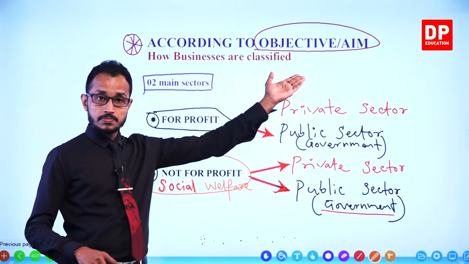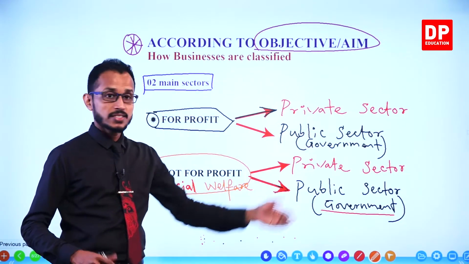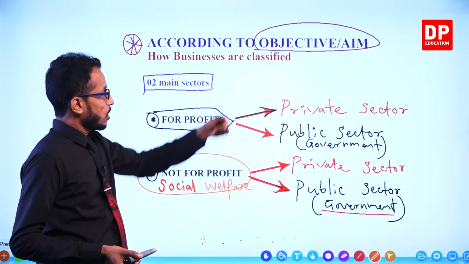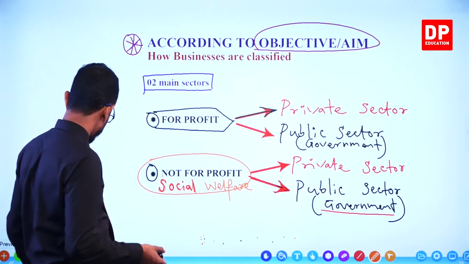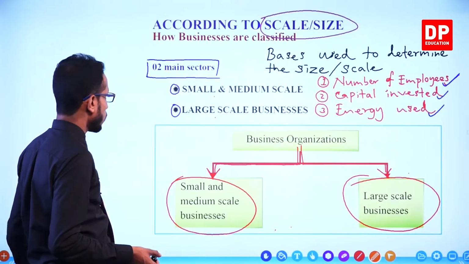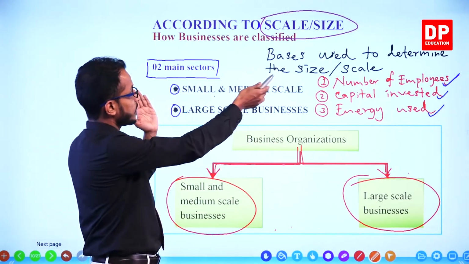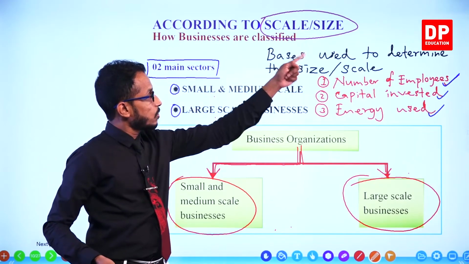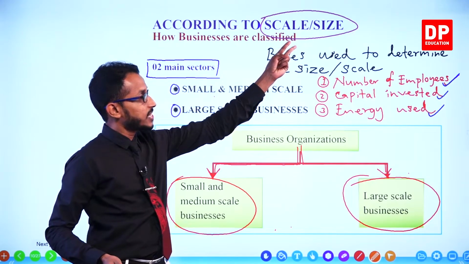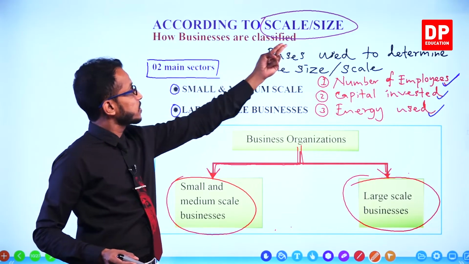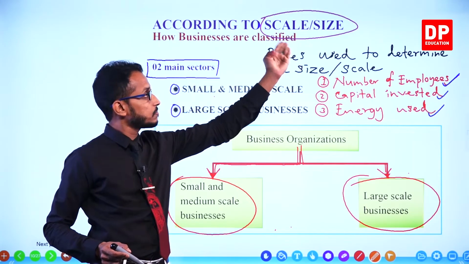This slide was discussed in the previous session: dividing business organizations according to objective or aim. In this session, we started with this slide, classifying business organizations according to size or scale.